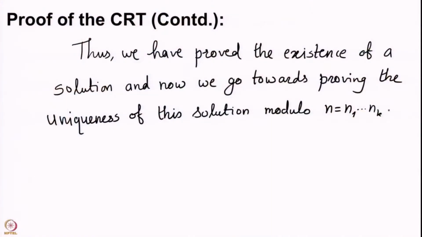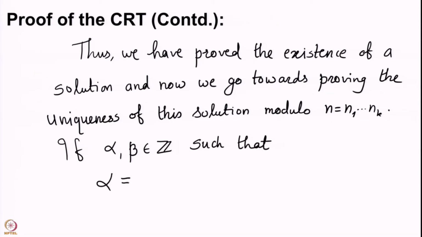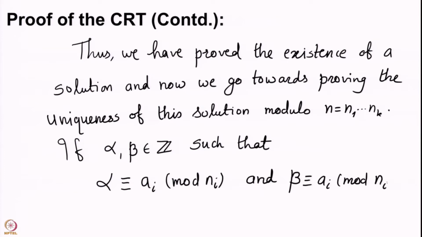So, let us write it. So, if alpha, beta exist in, let us say, natural integers, such that alpha congruent to ai mod ni and beta also congruent to ai mod ni, then alpha is congruent to beta mod n.